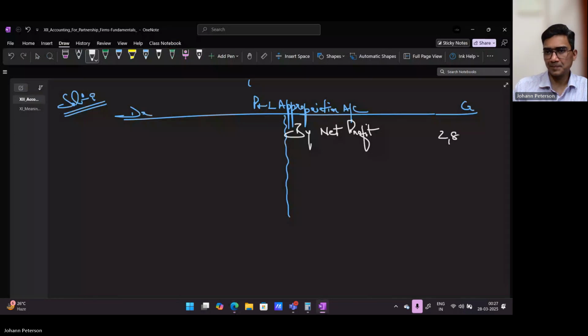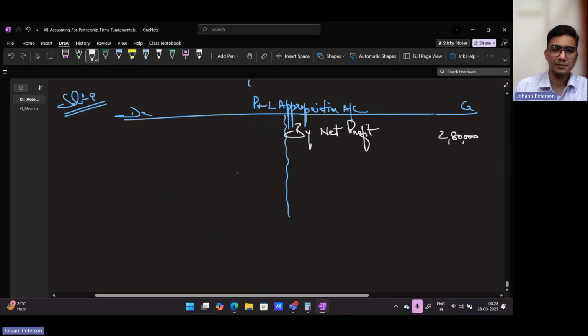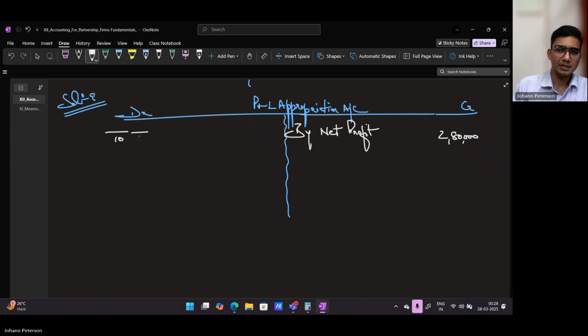2,80,000. Then interest on capital at 10% per annum. So interest on capital.